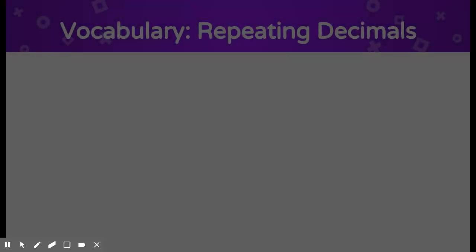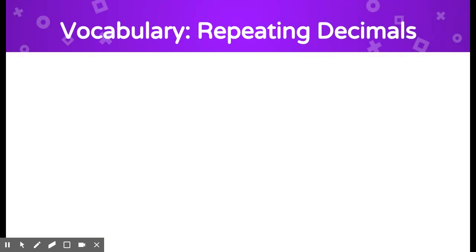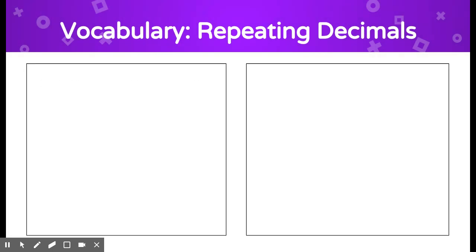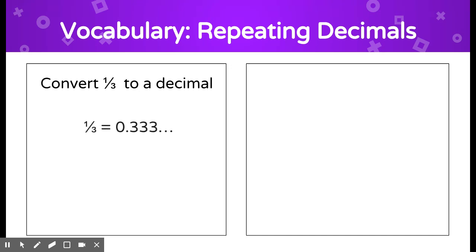So if you've been using terminating decimals, something that's going to be new are repeating decimals. Now, repeating decimals, the definition is very similar to the name, right? Something that repeats. So if you look at this fraction here, if we were to convert 1/3, you would find out that it's 0.333, and then these dots mean it just repeats forever.